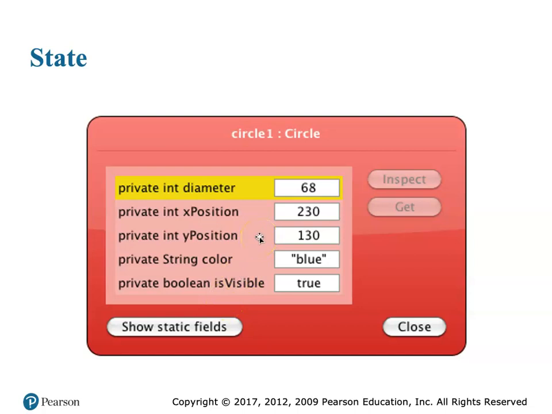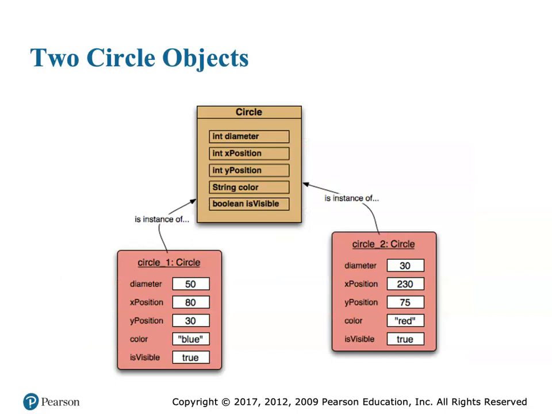which are the private variables. And again, our circle object has the fields of type integer, representing the diameter, its position on the x of type integer, its position on the y, and a string describing the color, which is not the actual color value.